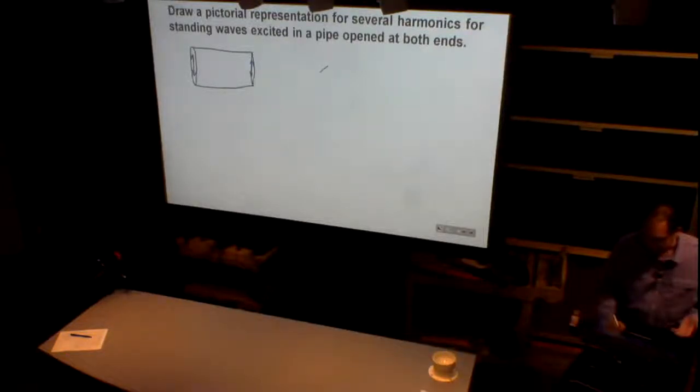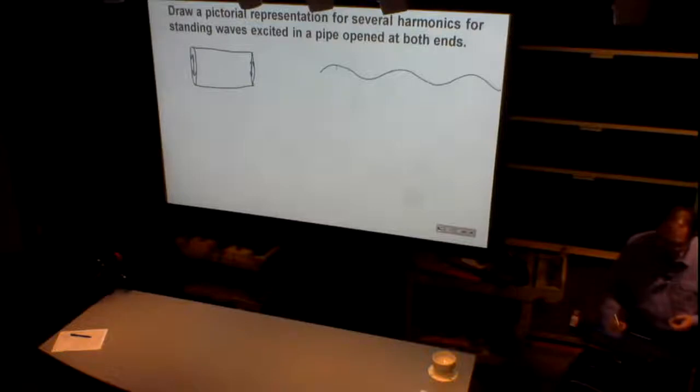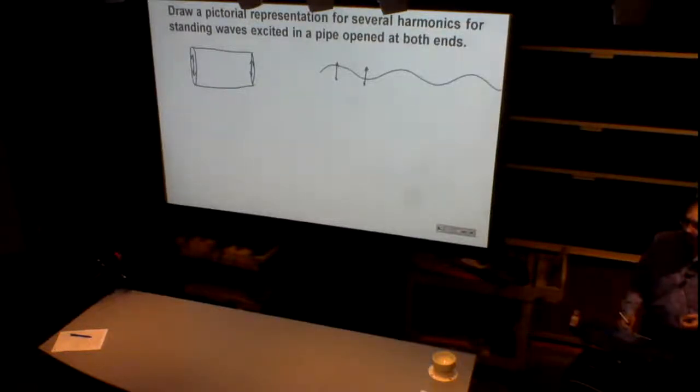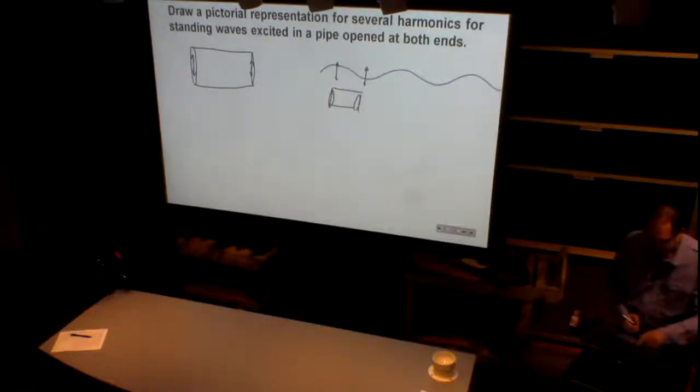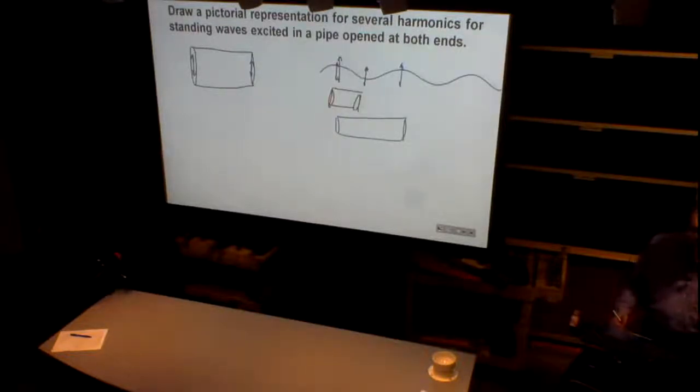We know any wave looks like this, always. Up and down, any wave looks like this. So there is one situation when we have two antinodes fit inside the pipe. There is another situation when we have two antinodes fit inside the pipe in such a way that each end has an antinode, a maximum of intensity.